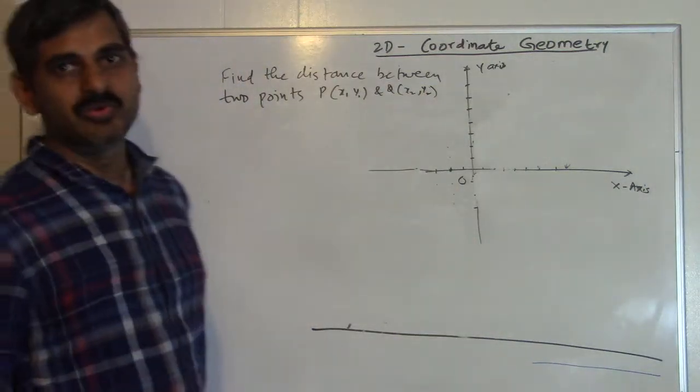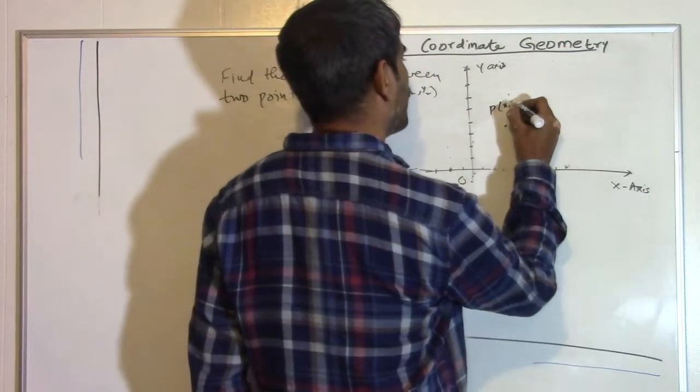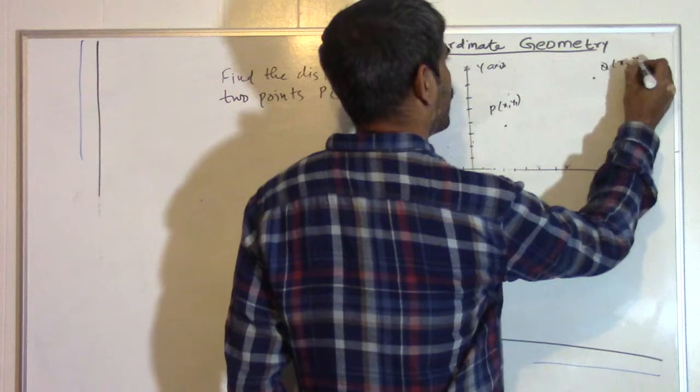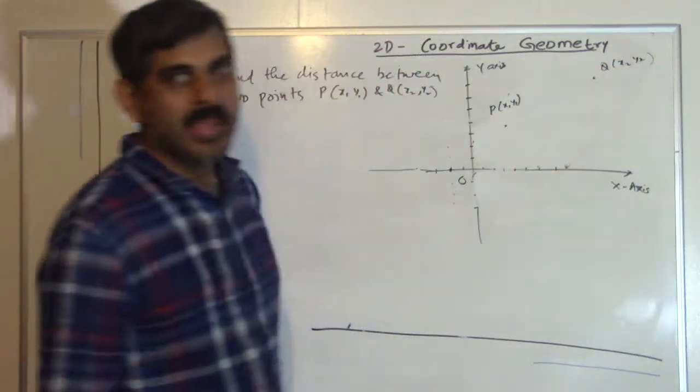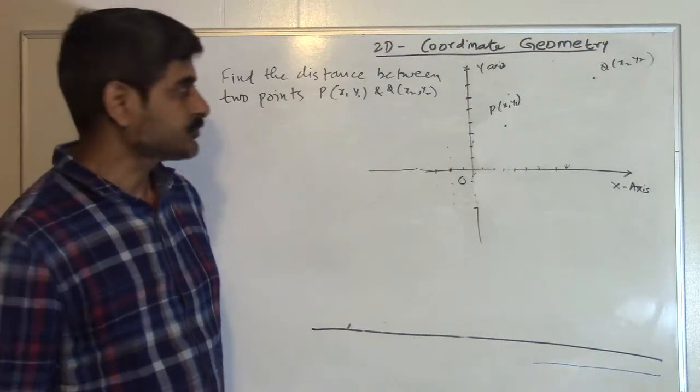We are given any two general points. P is x1, y1 and Q is x2, y2. And we need to find out the distance between these 2 points.